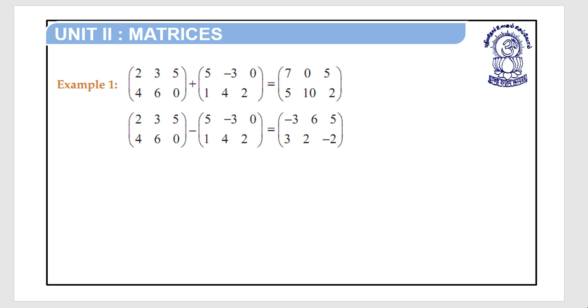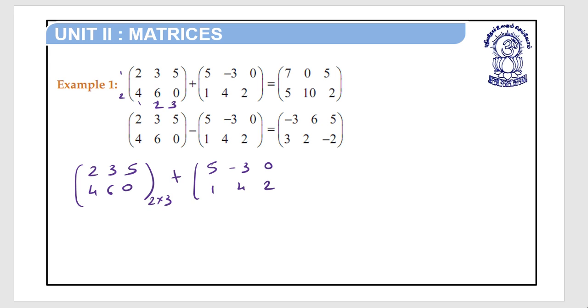Now let's start with example 1. 2, 3, 5, 4, 6, 0. Here there are 2 rows and 3 columns, so it is a 2 by 3 matrix, plus 5 minus 3 0 1 4 2, also 2 by 3. First condition satisfied.